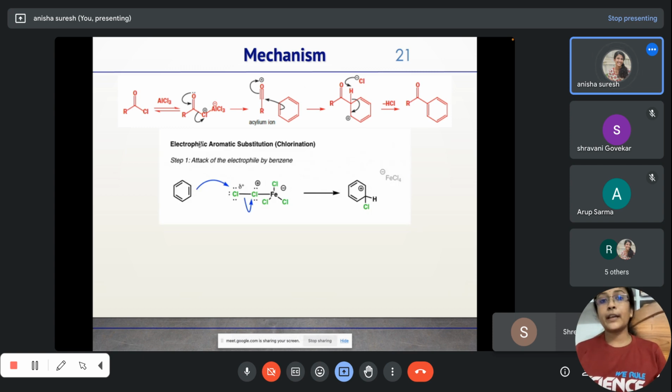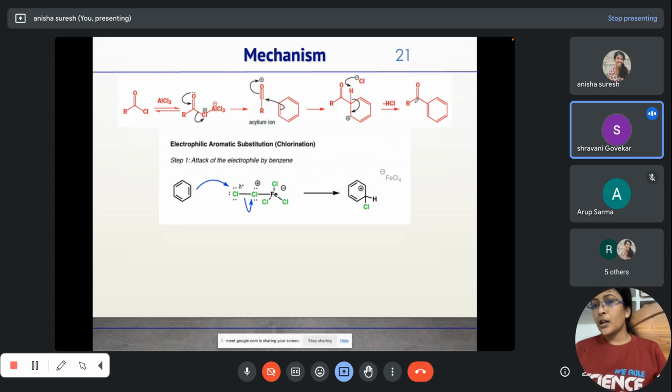Then for electrophilic aromatic substitution, that is chlorination, to take place, we have this electron withdrawing group. We have seen that electron withdrawing groups result in meta substitution, right? So this acyl group is a meta directing group, and we will be getting chlorination at the meta position.